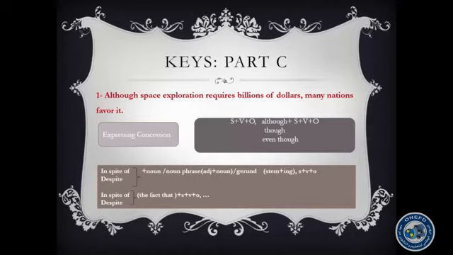So let's try an example using in spite of plus noun phrase. We use the same example: in spite of space exploration requiring billions of dollars, many nations favor it.